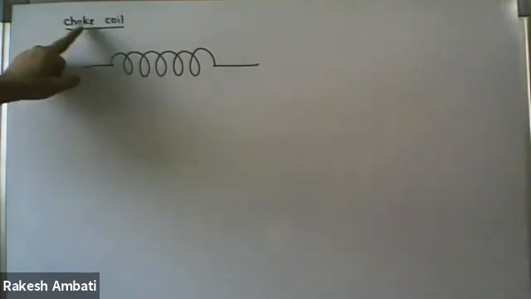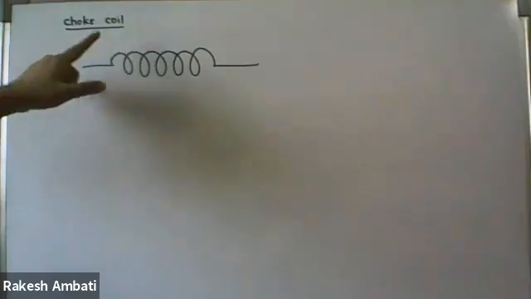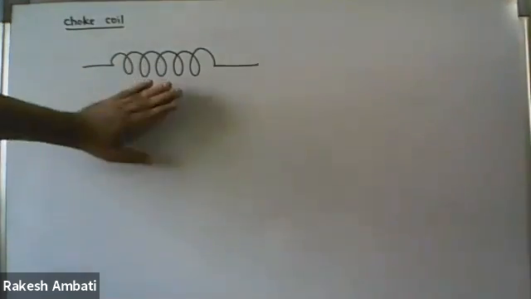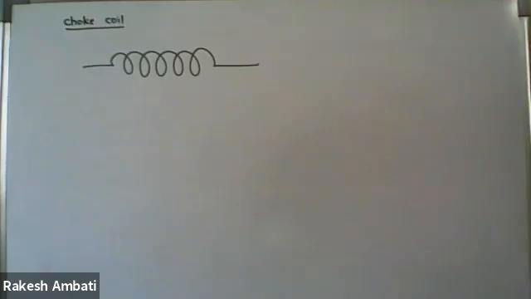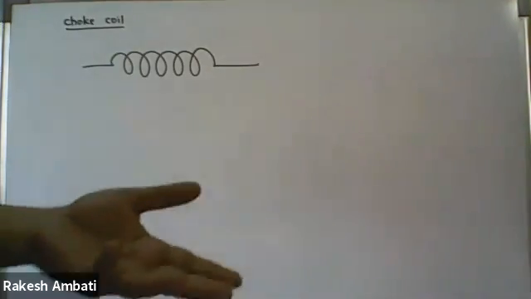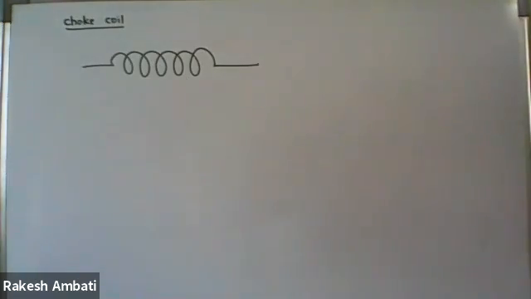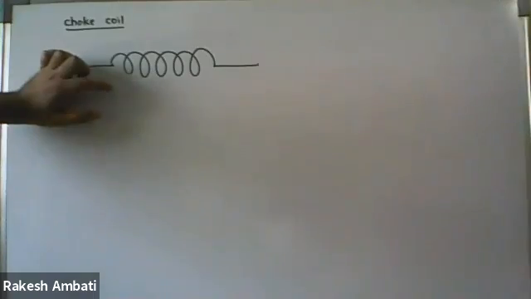That means this choke coil is equivalent to which circuit? Purely inductive, or an LR circuit? LR. Why? Because this coil is made of wire, and any wire possesses some resistance. Therefore this choke coil is equivalent to an LR circuit.